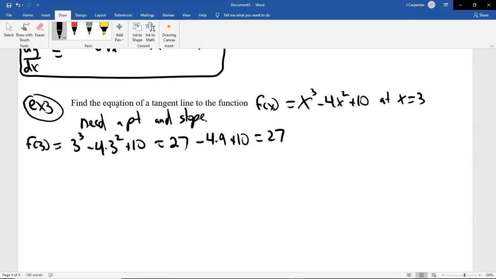That's 27 minus 36 plus 10. Notice I did not take 4 times 3 first and then square it. 27 minus 36 is negative 9. Negative 9 plus 10 is positive 1. So the point is 3, 1.